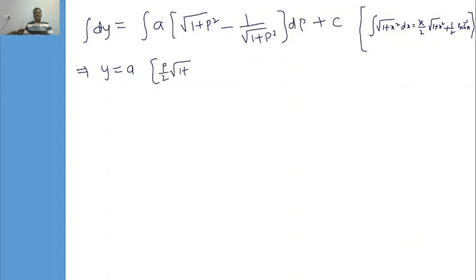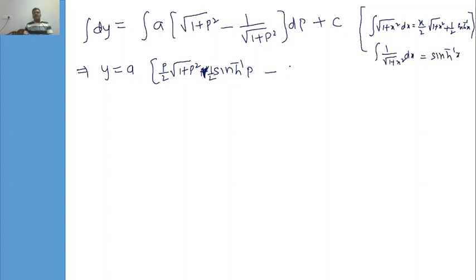plus 1 by 2 sinh inverse of p, minus, we know the other formula, integration of 1 by root of 1 plus x square dx equal to sinh inverse of x.